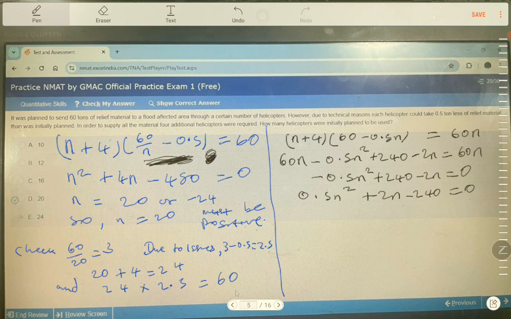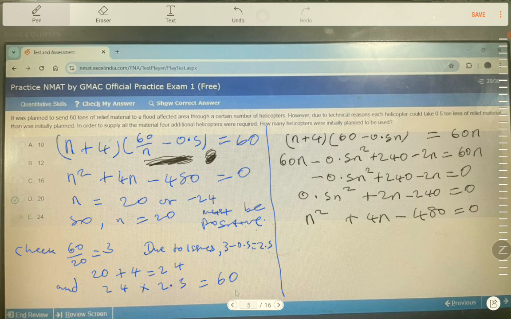So we collect again to form the general form of the quadratic equation. What can we do? Let's eliminate the fraction entirely. Multiply it through by 2. So 0.5 times 2, we get n squared plus 4n minus 480 equals 0. Now, since the coefficient of n squared is 1, I would prefer factorization. We are looking for two numbers. If we multiply the two numbers, it will give us minus 480.